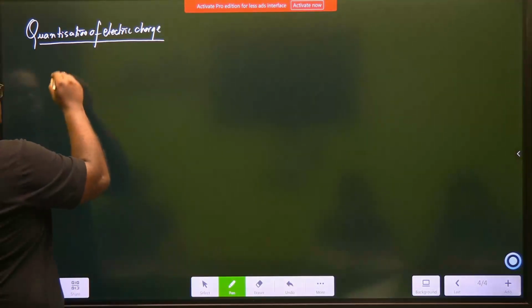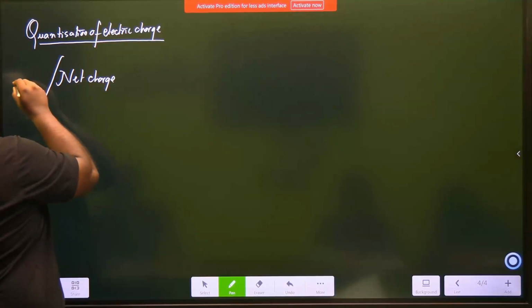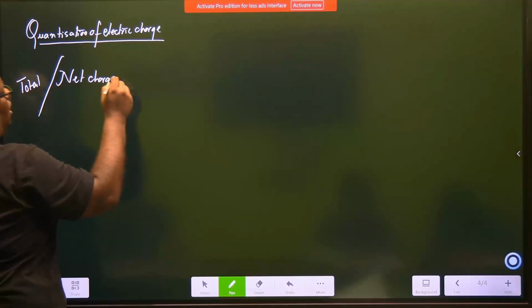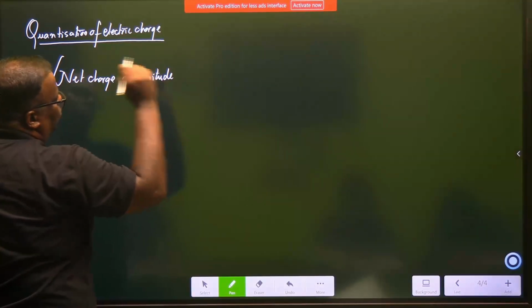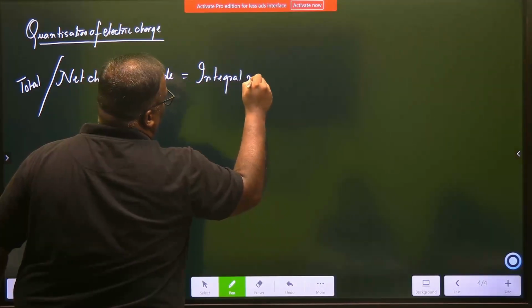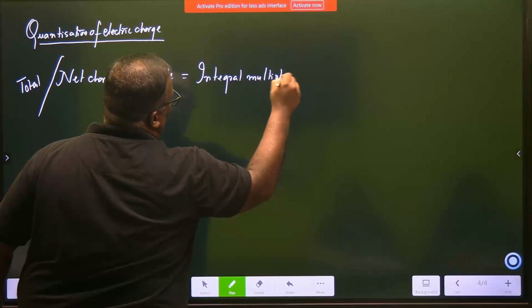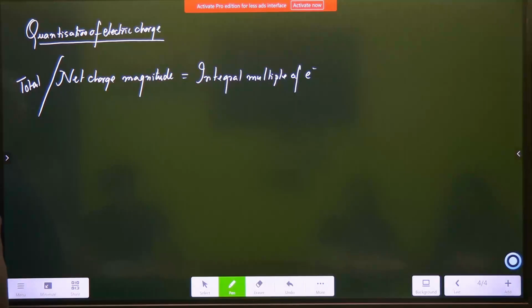So the net charge, or you can say the total charge magnitude, obviously magnitude because charge is a scalar quantity, is an integral multiple of e. Do you agree? Where e is the charge of an electron. We take the charged bodies as always electrons because protons are very loved by their mother nucleus, and the mother nucleus does not allow the protons to go outside and play in the park. So it's only the electrons who play. So electrons are my charged particles, right?